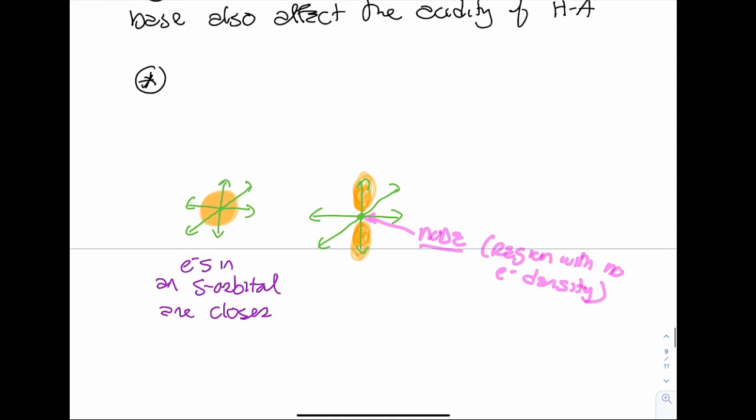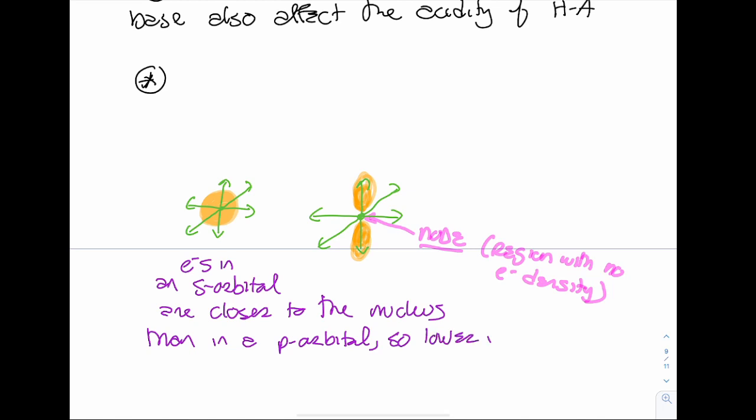So electrons in an s orbital are closer to the nucleus than in a p orbital. So lower in energy and more stable.